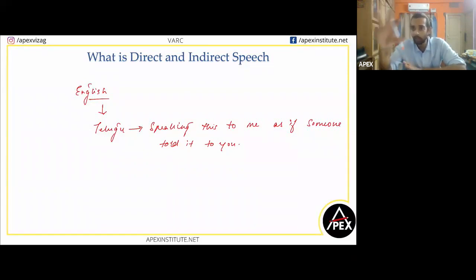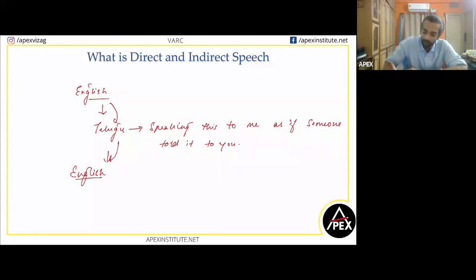In Telugu, you are telling me this as if someone told you something and you are telling it to me. Then convert it back into English. Now, this process will be very useful to you in the very first few sentences. After that you will get used to it, and you don't need to worry.